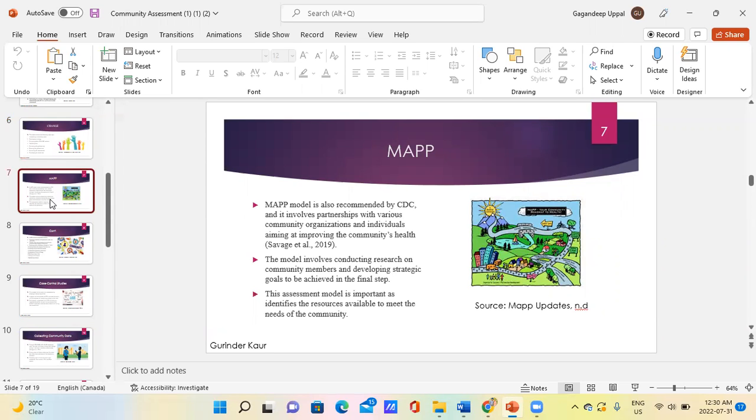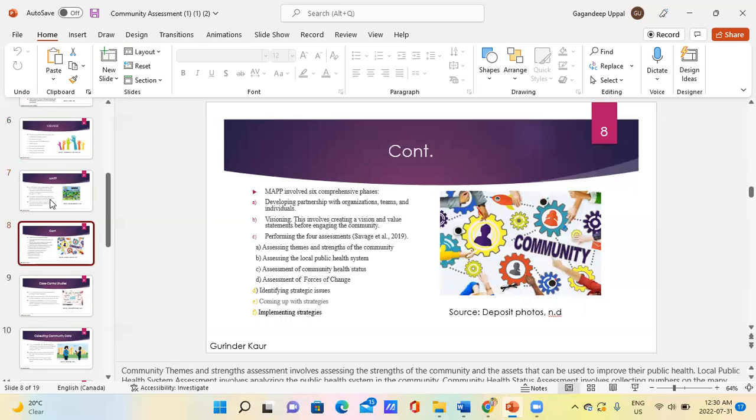In this model, it is important to identify the resources that will meet the criteria of community people. Continuing further, MAP involves six comprehensive phases. First, there is a partnership with the organization team through which we can work together. Vision, then we select our vision and value statement.